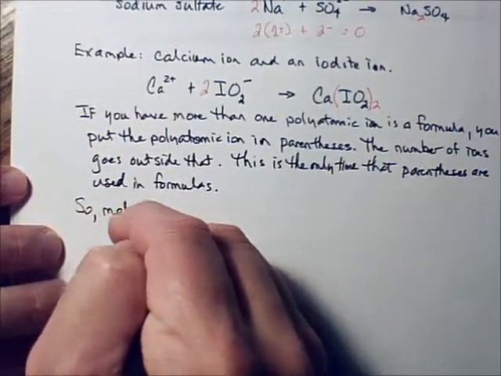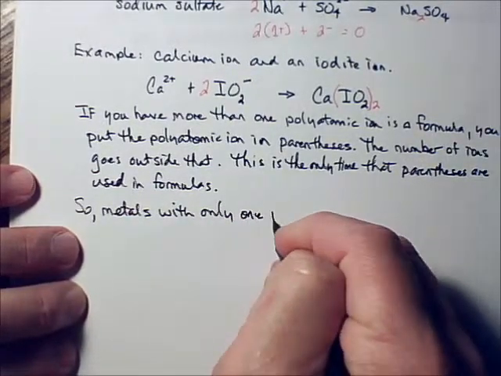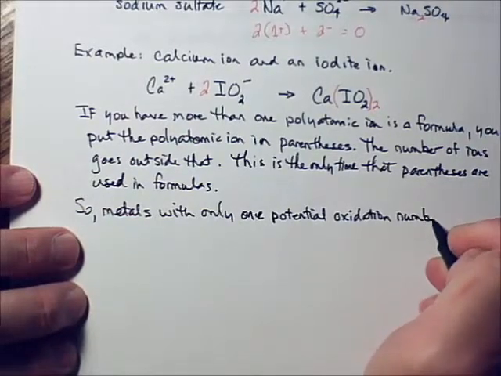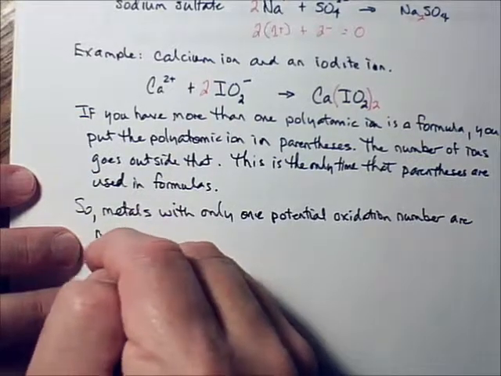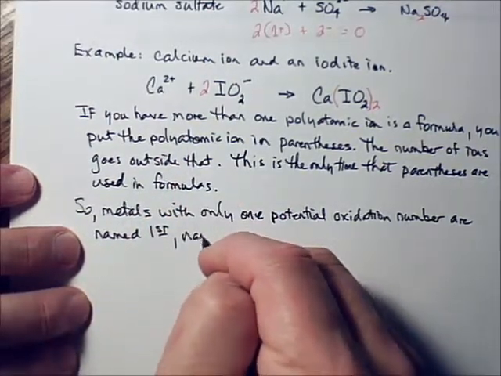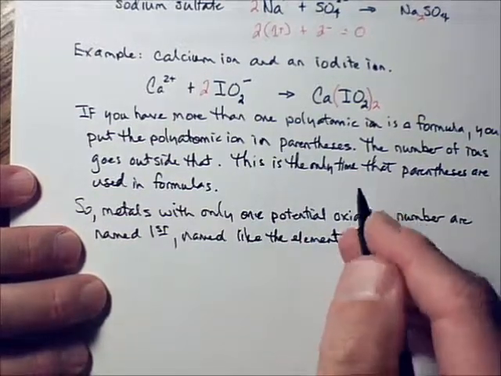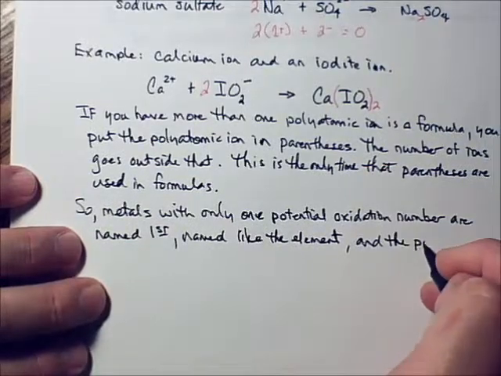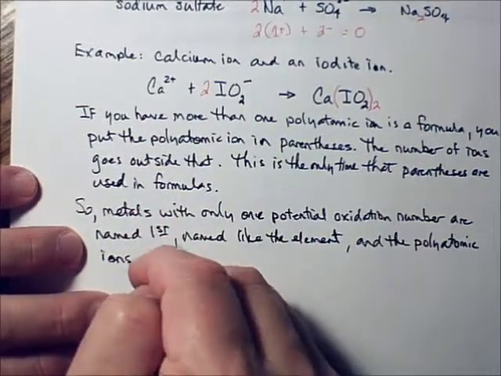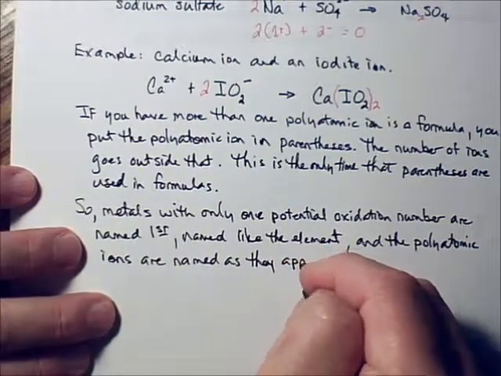All right. So, metals with only one oxidation number are named first, named like the element, and the polyatomic ions are named as they appear on that common ions list.